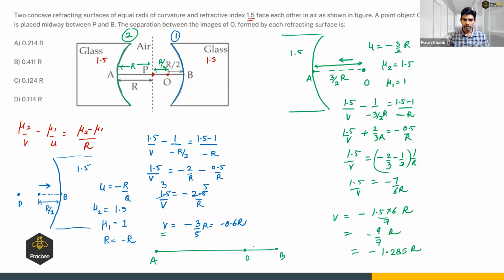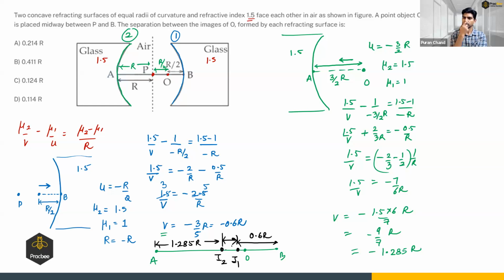So in the first case, this distance is 0.6 R. In the second case, again, we are getting negative. It means the image is formed on the same side as the object, and it will be 1.285 R. So this distance we have to calculate.